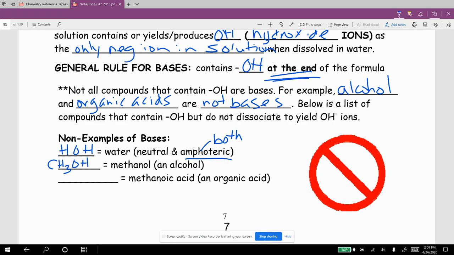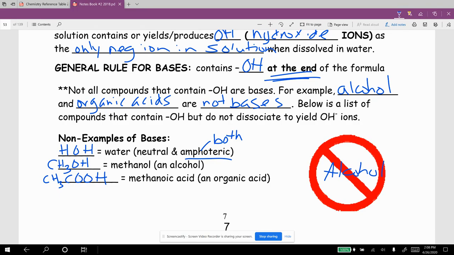That OH is not a base OH. That's an alcohol, so careful. No, alcohol is not a base. And then methanoic acid, one carbon, that COOH is not an OH, so not a base. There are no organic bases.